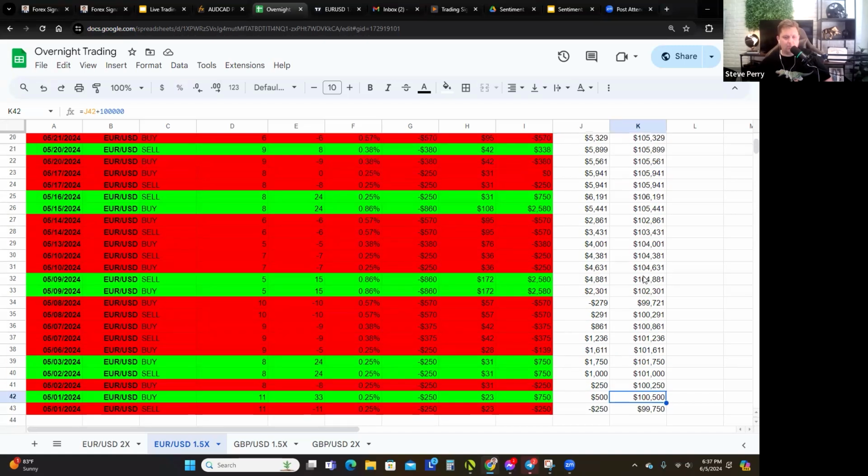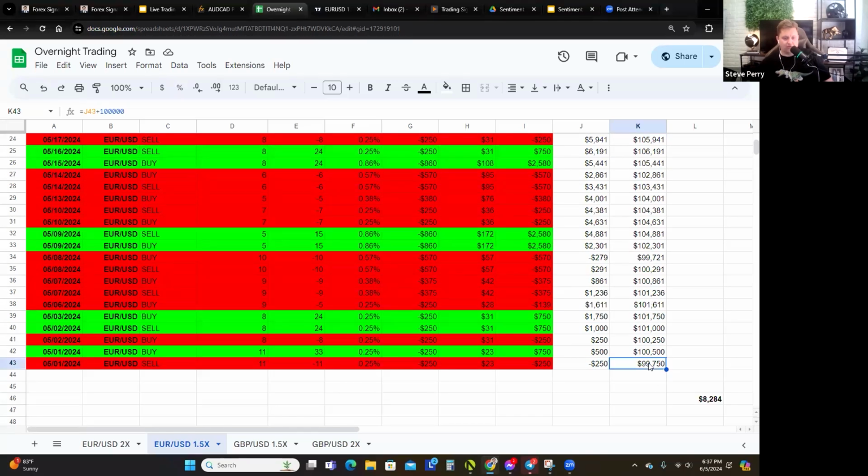There was only one moment where you went below your baseline. Actually two. One was right here on the first day. You had one trade lose $250 and you dug into your baseline by $250. And then there was a moment right here where you went into your baseline by a little less than $300, and the next day it all came back together.